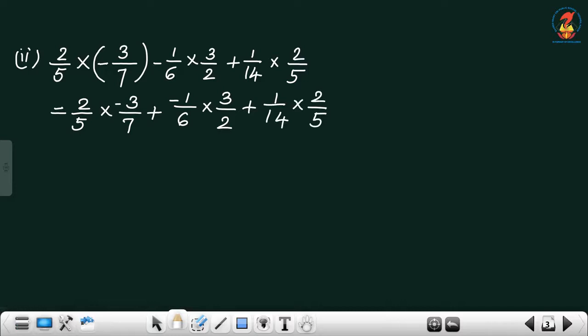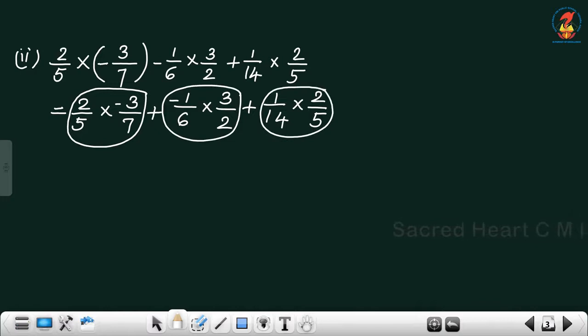Now look at that. How many terms are here? There are 3 terms. Terms are separated with the addition symbol. There are 3 terms.